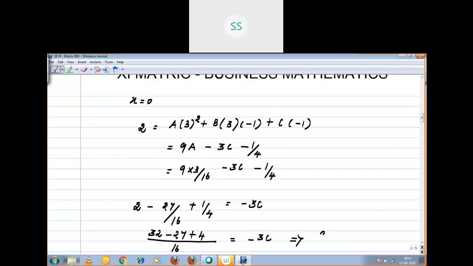It implies 9 by 16 equal to minus 3b. One minute, children. 3b.